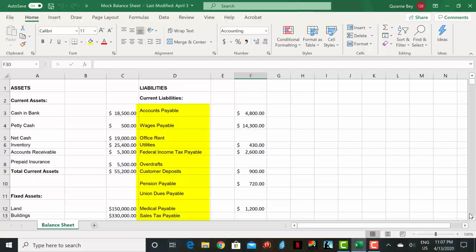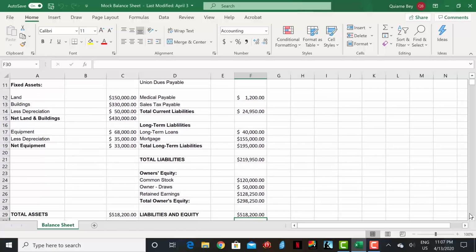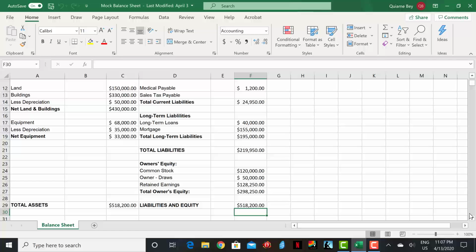Cells D3 through D13 are the subcategories of current liabilities. And cell D14 is the total current liabilities. Cells D17 and D18 are the subcategories of long-term liabilities. And cell D19 is the total long-term liabilities.